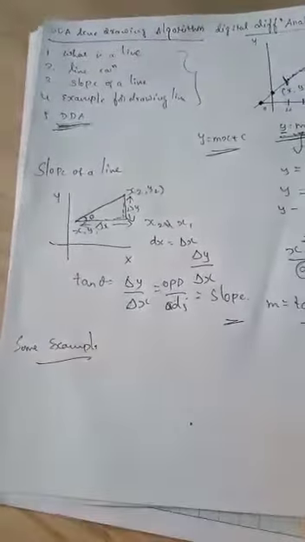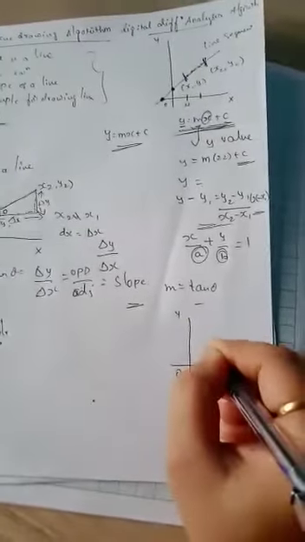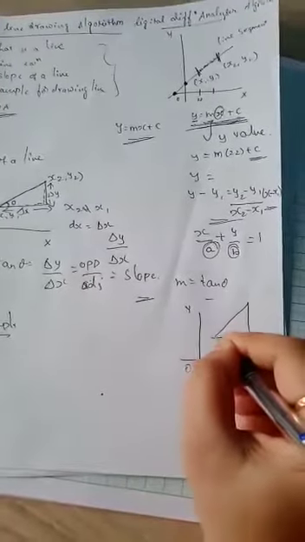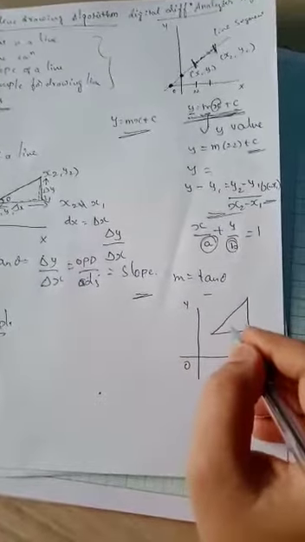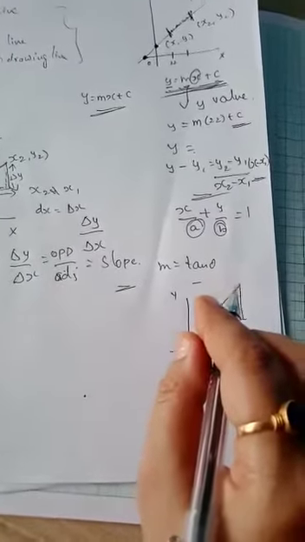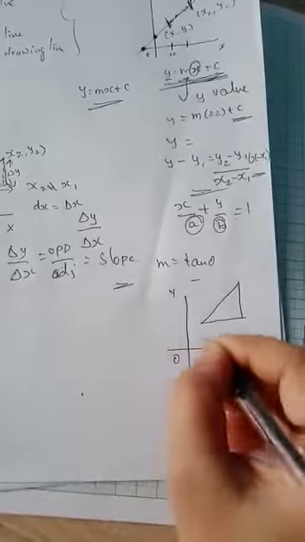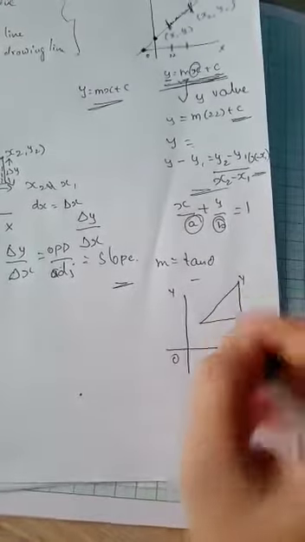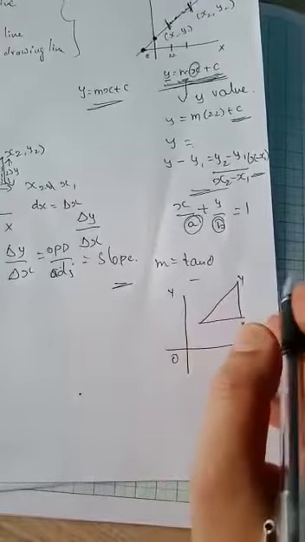Again we take the coordinate system, x axis, y axis and the origin. Here again we get one more triangle in this coordinate system. You have a line like this, and here x is greater than y.